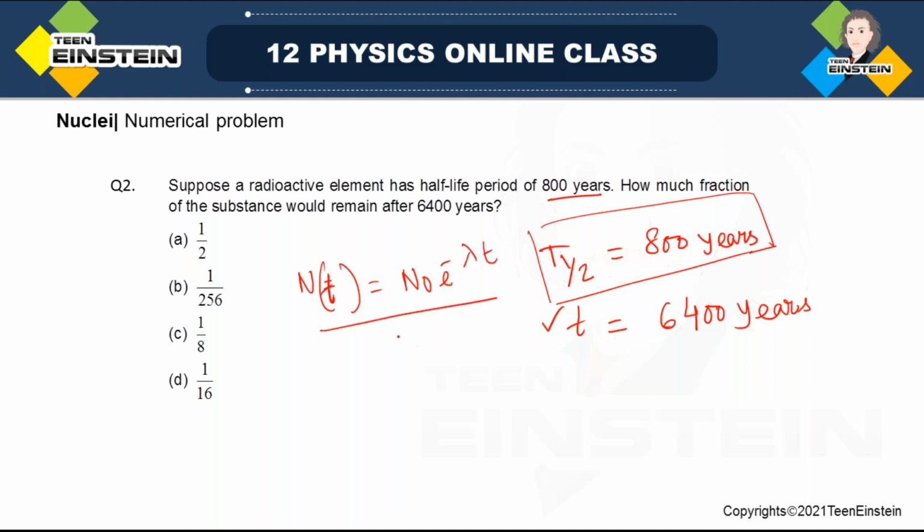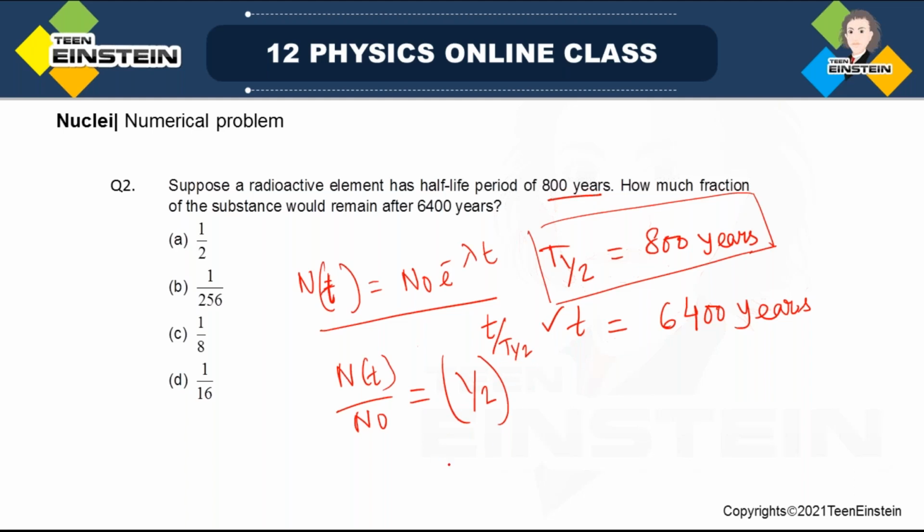But if you know the half-life, you can write directly, the fraction, that is Nt by N0, is half to the power t by t half. This is the way you can do it if the half-life is given.